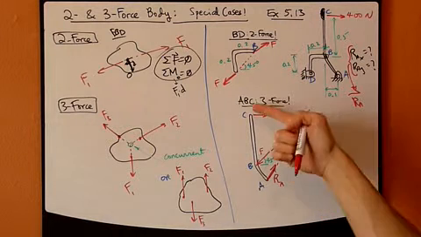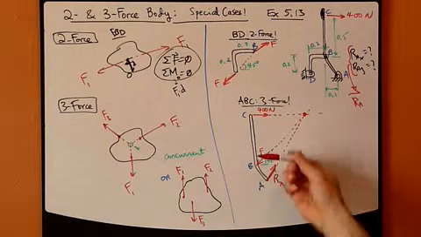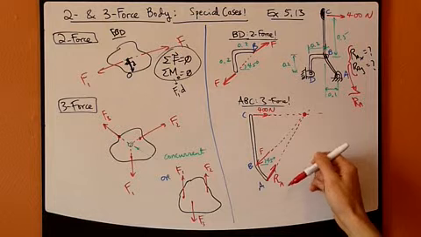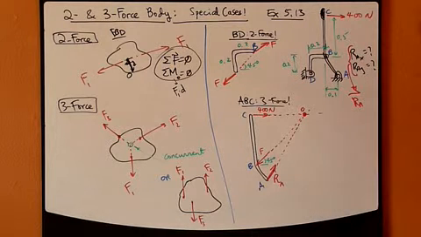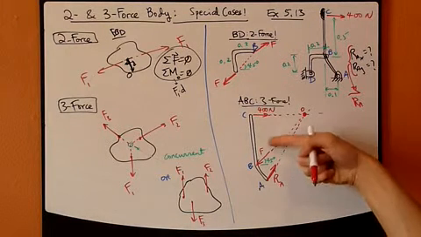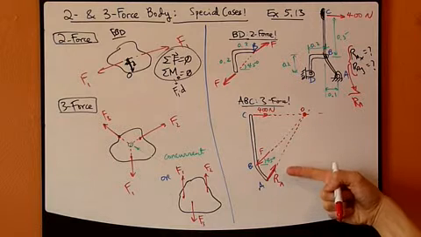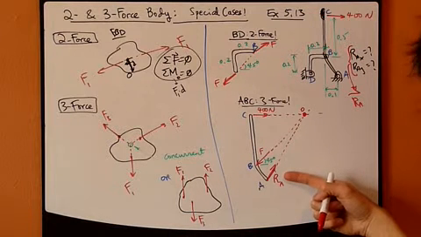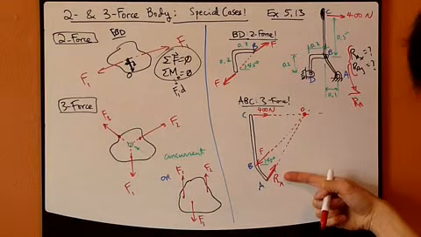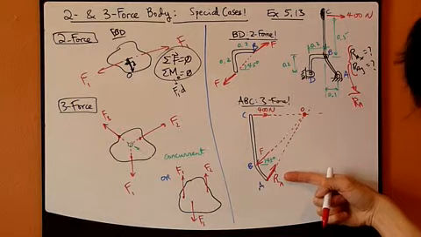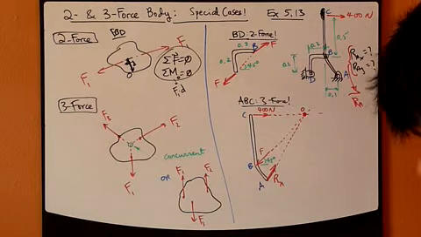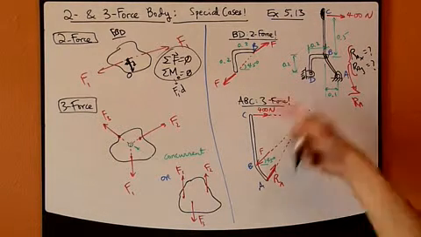So now we have these three forces, and we know exactly how they're oriented. And they'll meet at this point O right here. We have this unknown force F, and we have this other unknown force RA. Two unknowns, we can easily come up with two equations for this whole system.